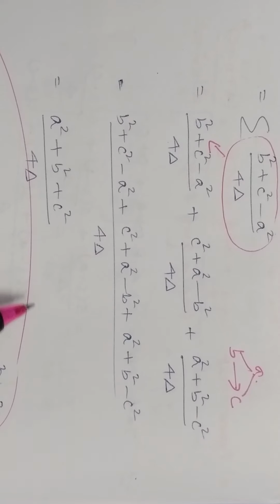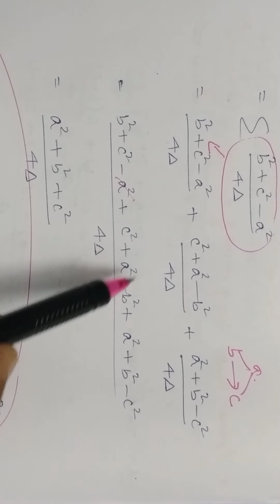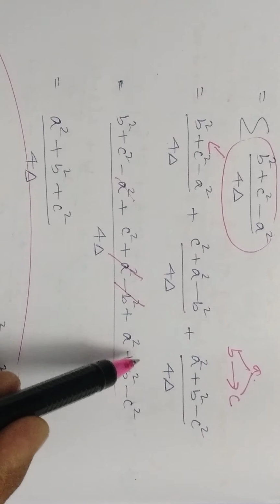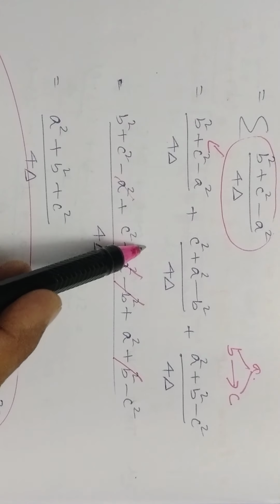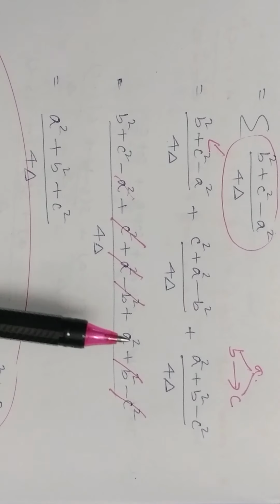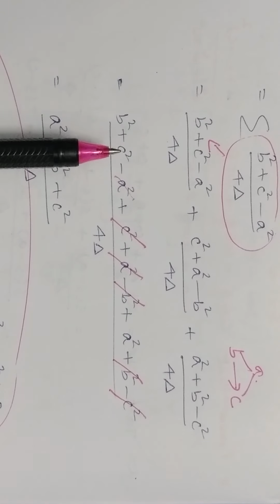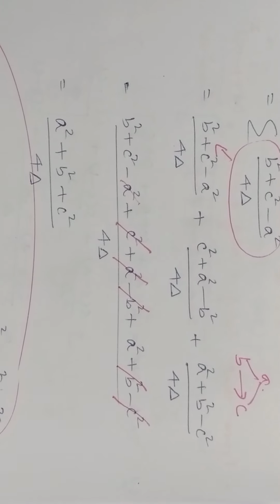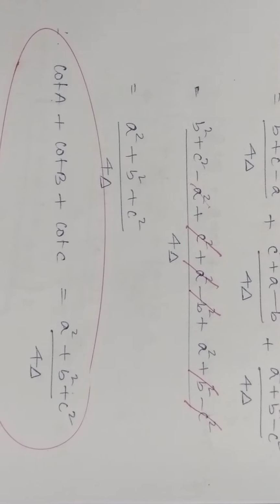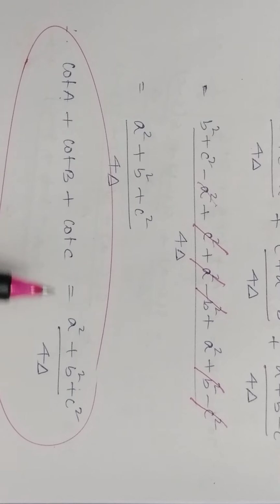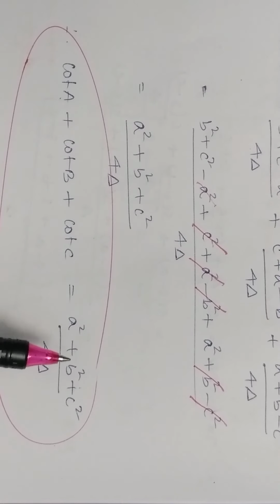In this simplification, minus A square plus A square cancel, minus B square plus B square cancel, plus C square minus C square cancel. So what remains? A square plus B square plus C square by 4 delta. So the denominator part is cot A plus cot B plus cot C equals A square plus B square plus C square by 4 delta.